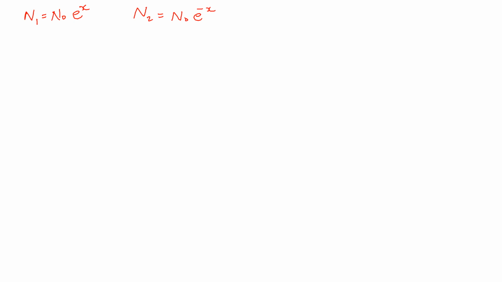And the total number is given by N equal to N1 plus N2. That will be N0 e to the power X plus N0 e to the power minus X. So we can take N0 as common outside.